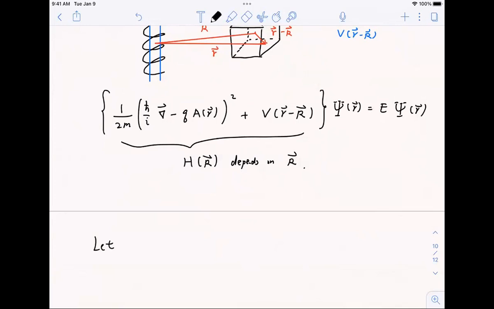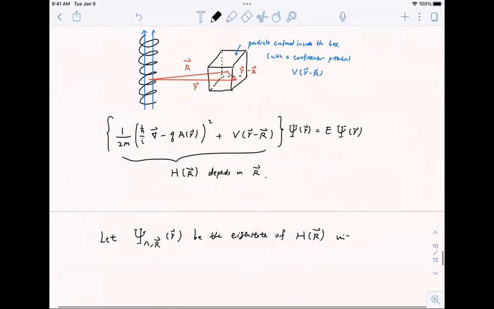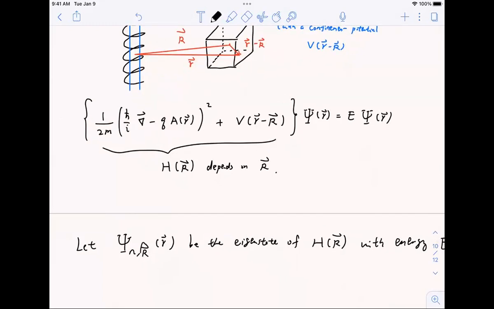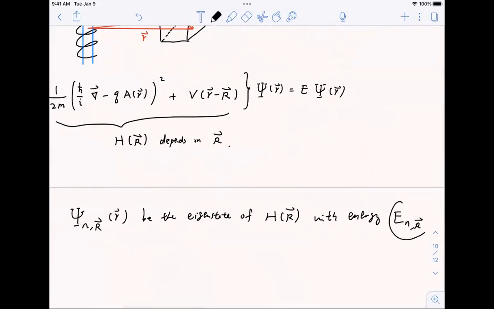So we're going to let this n R be the eigenstate of this, with energy E n R. So n is the quantum number for the eigenstate, and big R is the parameter of the Hamiltonian, and the corresponding eigenenergy is E n R.